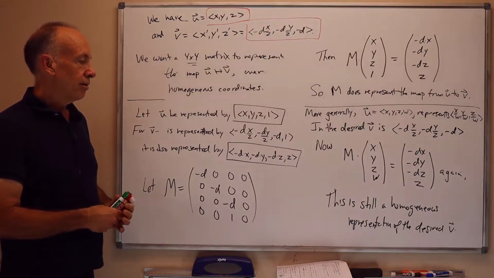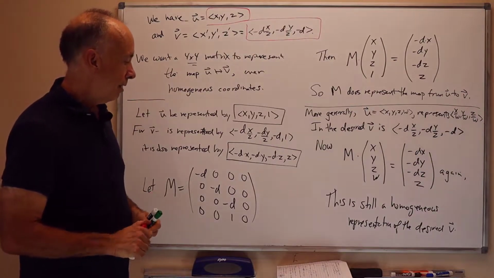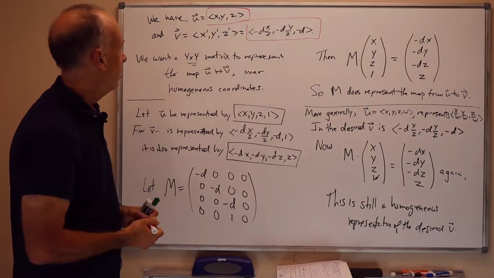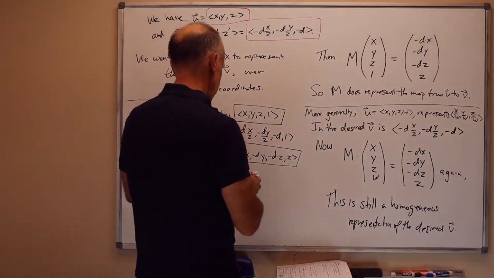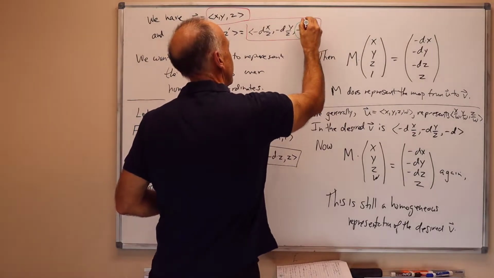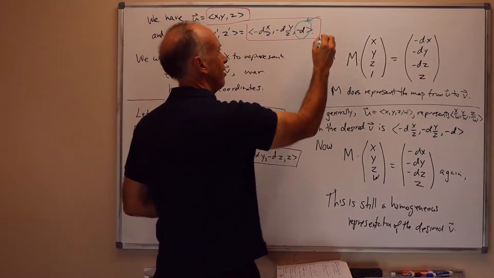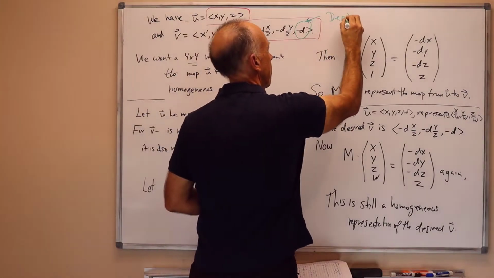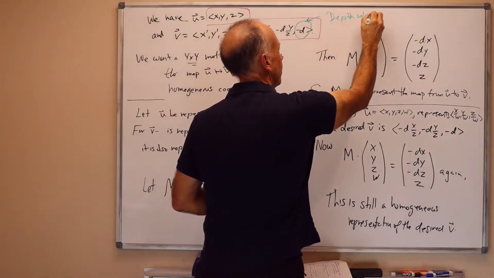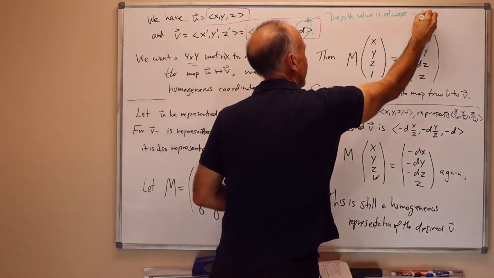Okay, so this is nearly the end of this presentation. I just want to comment at the very end that the trouble with this whole discussion is that the depth value is just frozen at minus d. So the z-coordinate is always minus d.